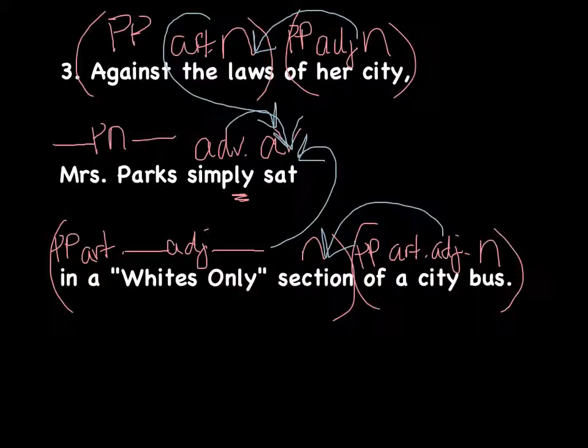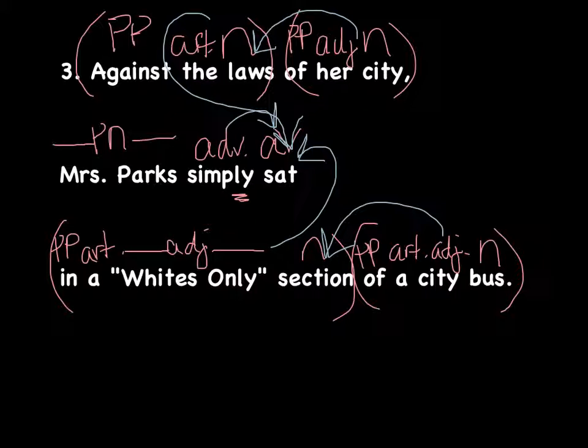The final thing I want to remind you is that modifiers of the verb are movable. That means that I could take these prepositional phrases and I could actually move them because they're modifying the word sat. For example, I could say, Mrs. Parks simply sat against the laws of her city in a whites-only section of a city bus.